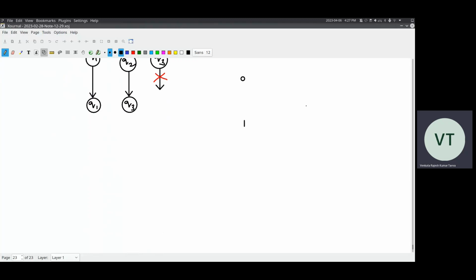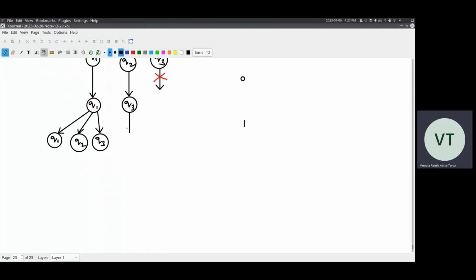So Q1 goes to Q1, Q2, and Q3 comes freely along with Q2.